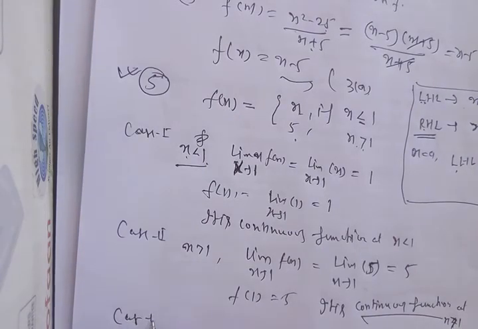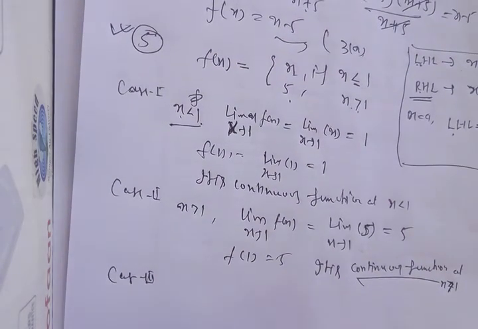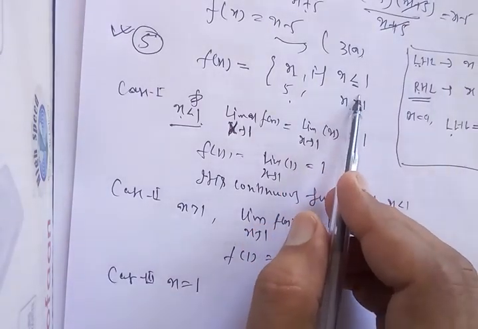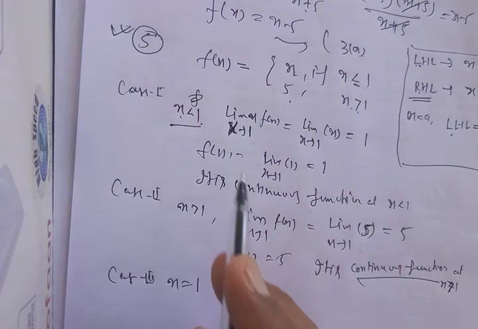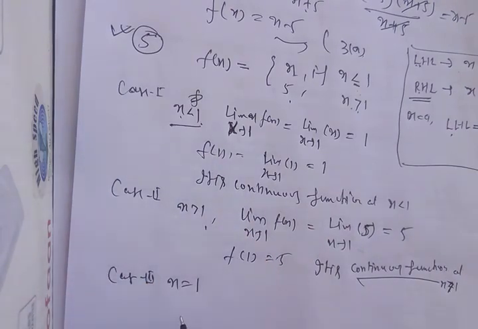In case number third, x is equal to 1. Clear. In the equal condition, find LHL and RHL.